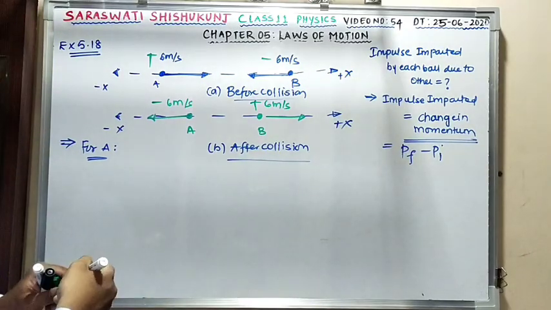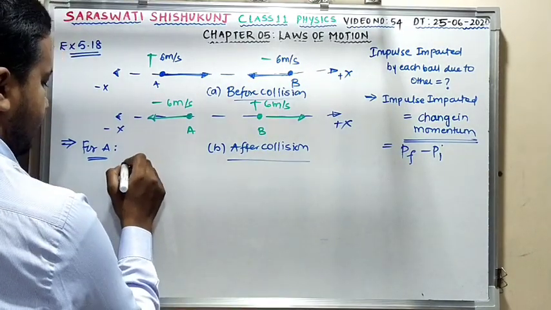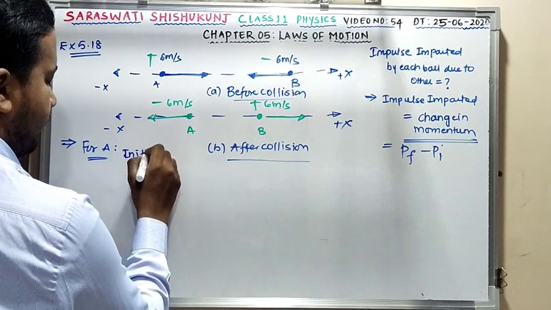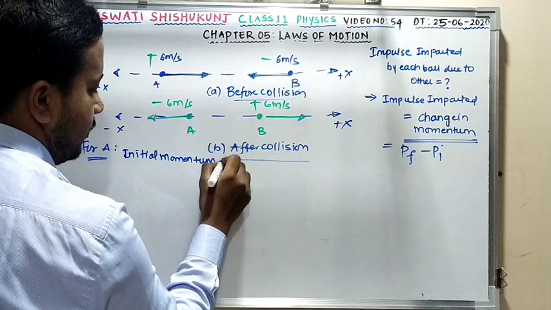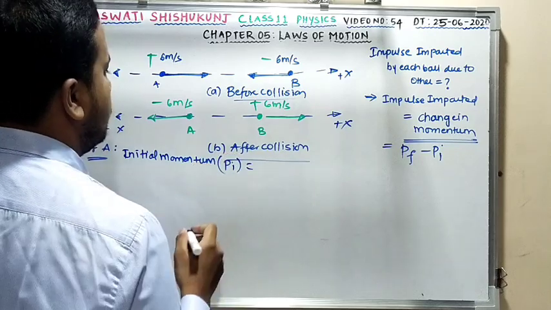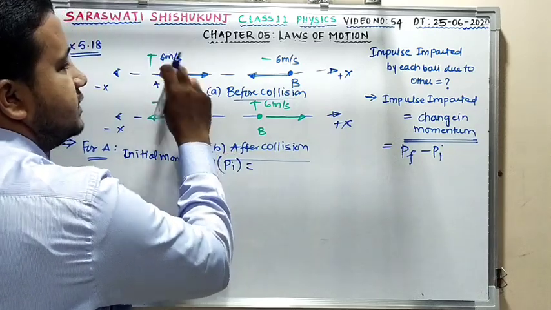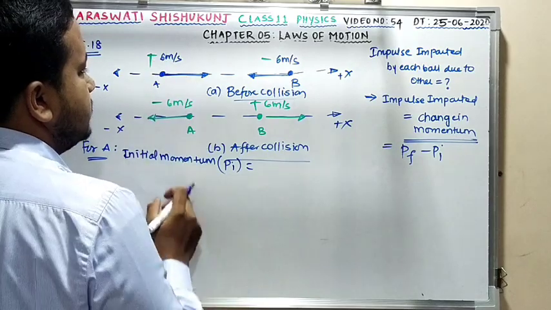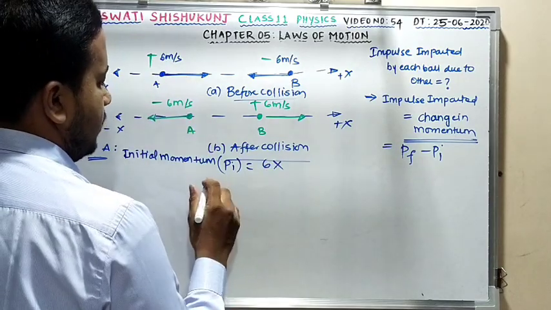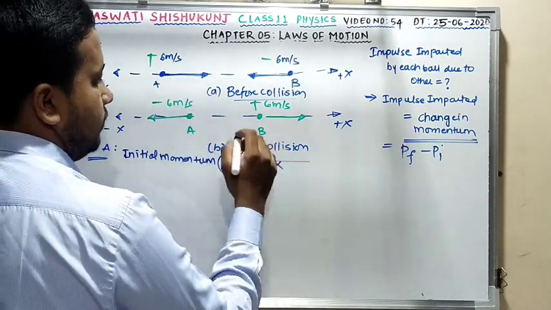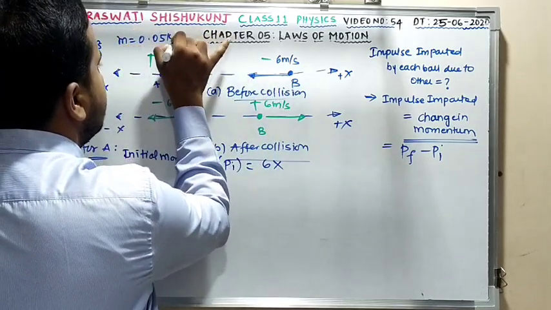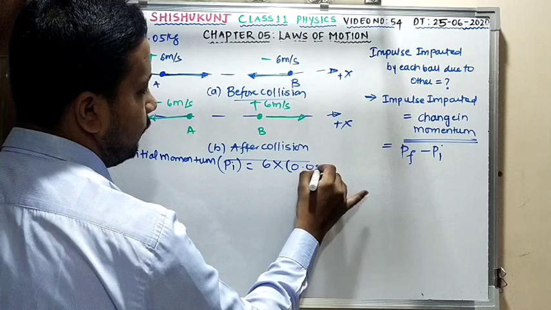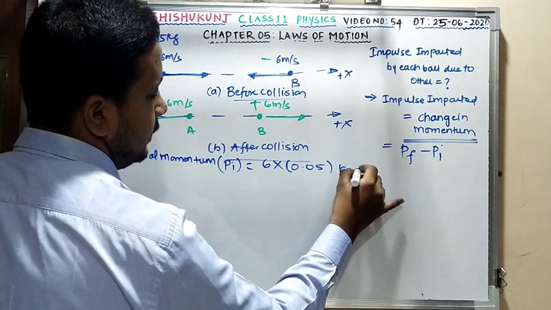Fine. For ball A, the initial momentum, that is Pi, is equal to what? Mass into velocity. Initial means before collision. So 6 into the mass; each billiard ball has mass 0.05 kg. So 6 into 0.05 kg meter per second, you need to multiply.